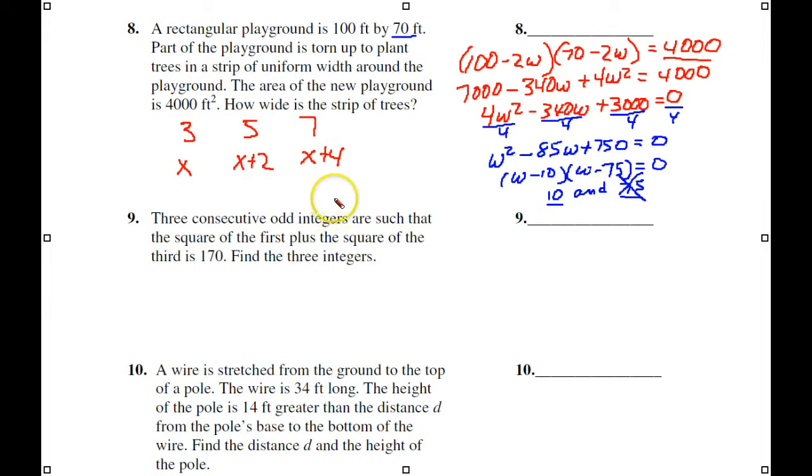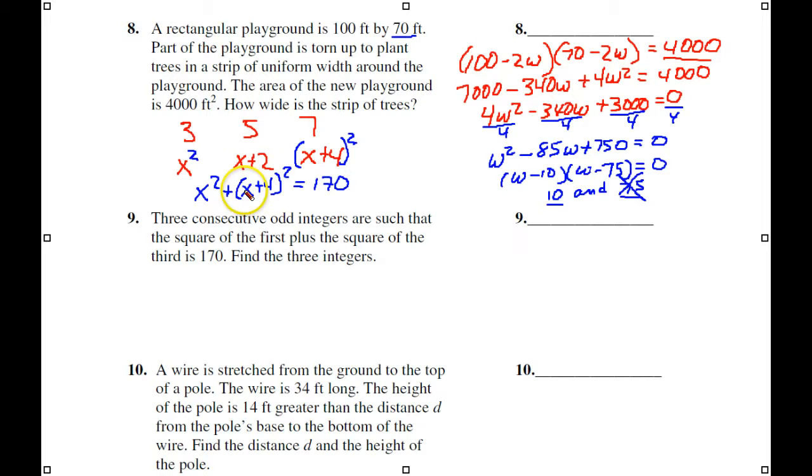But now they're saying the square of the first, which is this, so we'll square that one, and the square of the third, which is this one, equals that. So our equation will be x squared plus x plus 4, the quantity squared, equals 170.